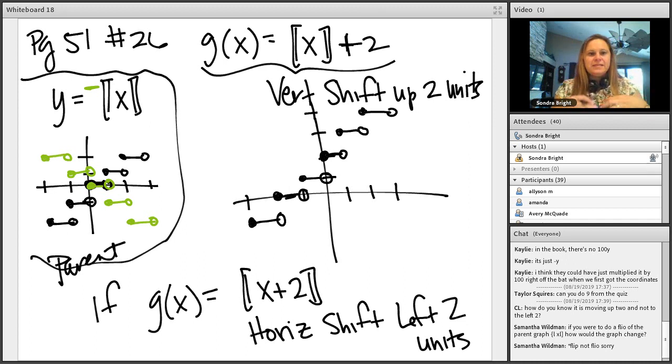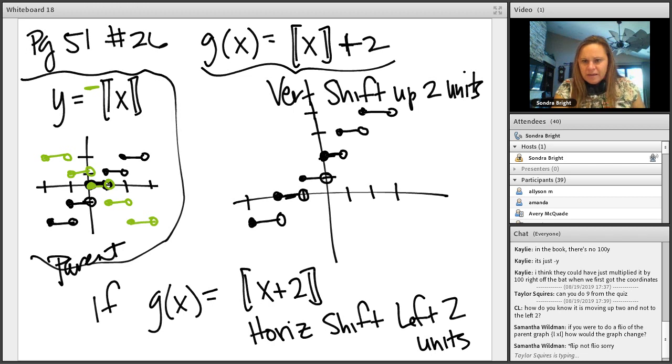The green one is the reflect across the x-axis. It's been flipped upside down, right? Imagine it and then flip it upside down. There you go. Okay, go back up. So that was number 20, page 51.